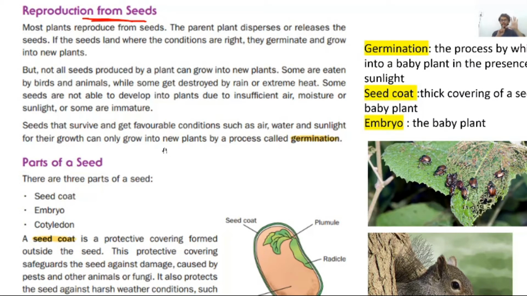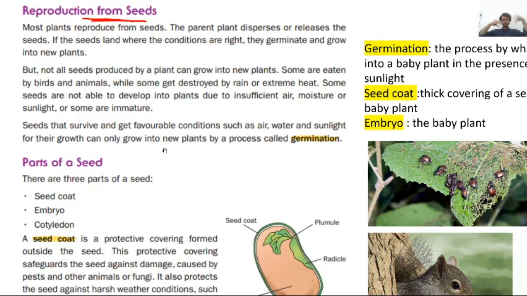Maybe a goat will come and eat this seed. Have you ever seen a goat with a tree on his head? No, right? So that seed will not grow in the stomach of a goat. So the seed gets destroyed.